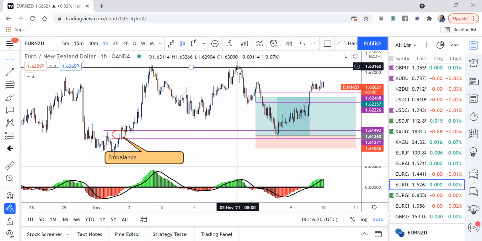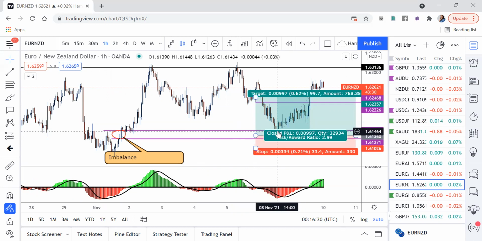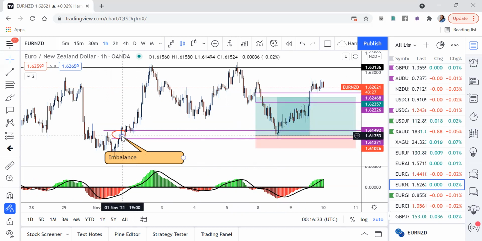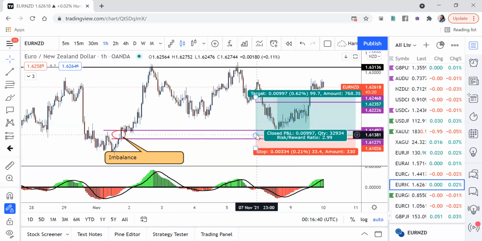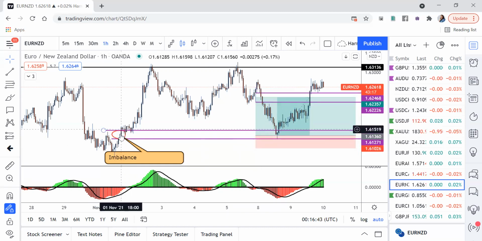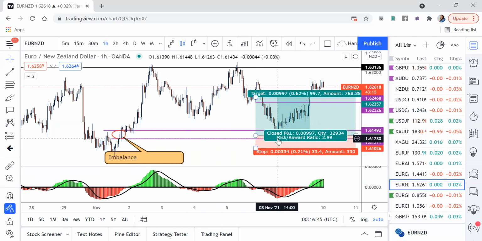I don't know if anyone remembers me saying that in the chat, but I did. From there, the market sold, went to the downside, and came back into this imbalance zone. This is why I called my buy position here. The reason I took the buy from this point is because we had a nice imbalance zone. Price tested here and then started to make its move back up. So this was a nice 100 pip move to start the week.